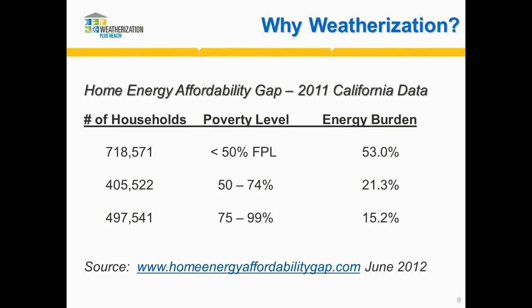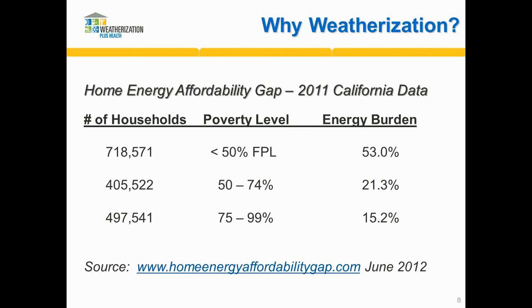So in California, for instance, the very poorest of the poor, those below 50% of the poverty level, have a very high energy burden, like over half their income goes towards energy bills, assuming those bills are paid, of course. But their energy bills total more than half of their income. And there's 718,000 homes that have that unique problem.